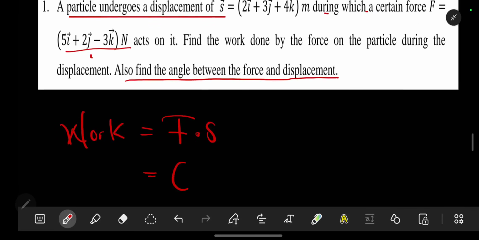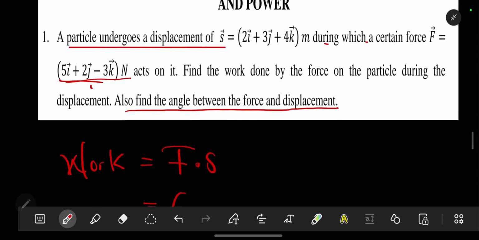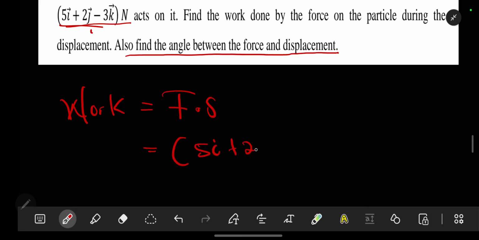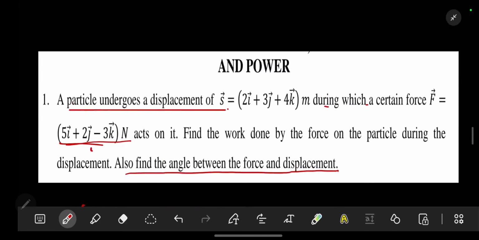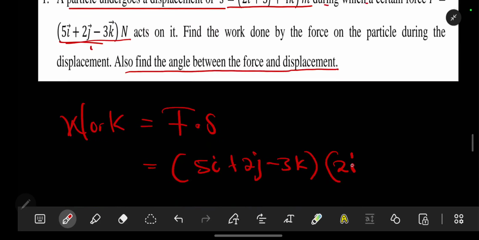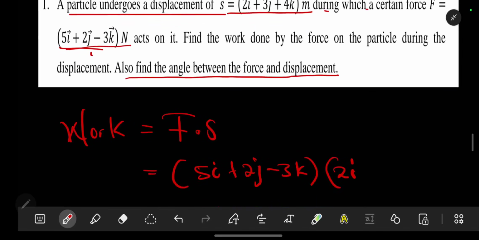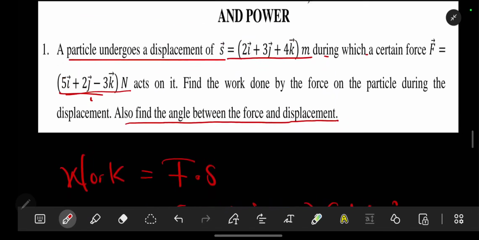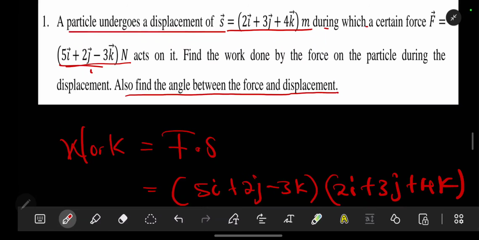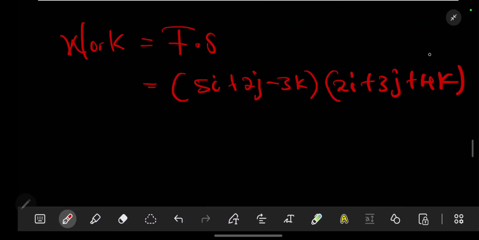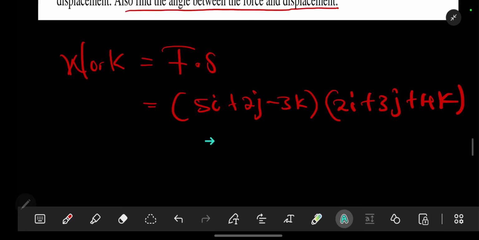So we have the force, which is equal to 5i plus 2j minus 3k, multiplied by our s, which is 2i plus 3j plus 4k. What we are going to do now is multiply, looking at which ones are similar. 5i multiplied with 2i: ignore the letters, 5 times 2 gives us 10.